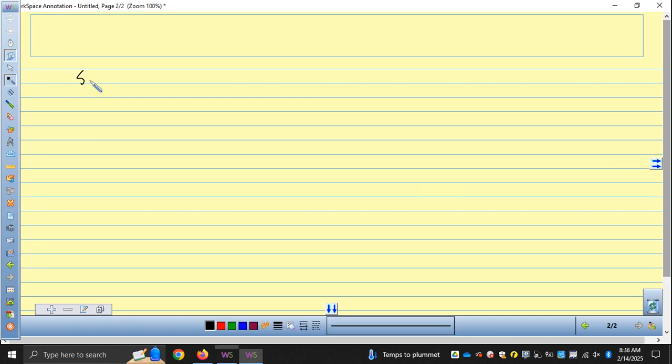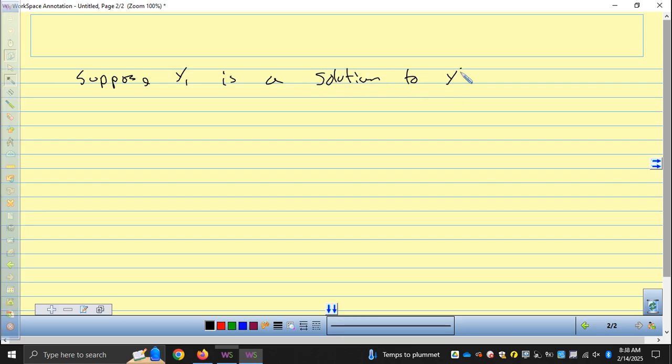So now we're going to suppose y1 is a solution to y prime plus p of x y equals 0, the homogeneous equation. This is separable.